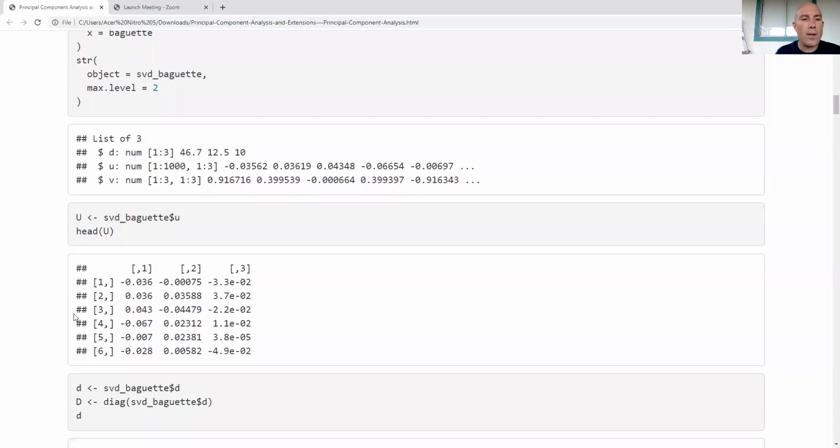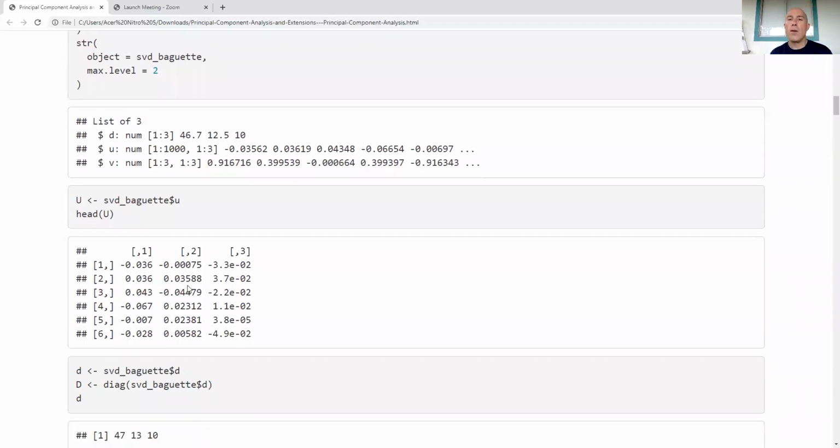All right, so let's take a look at the head of U. If I do the full decomposition, I will have as many rows in U as I have in the original data, and numerically I will have as many columns as I have in the original data.